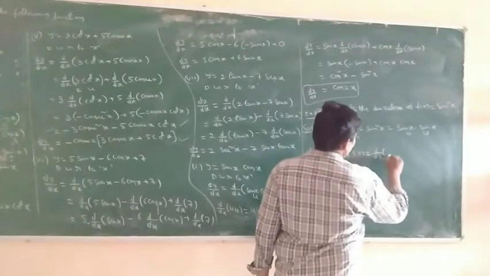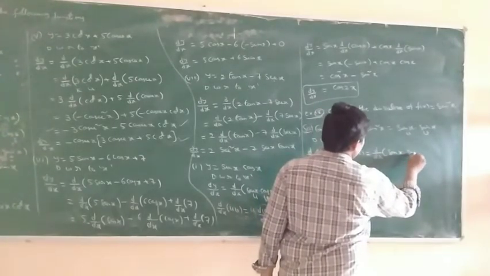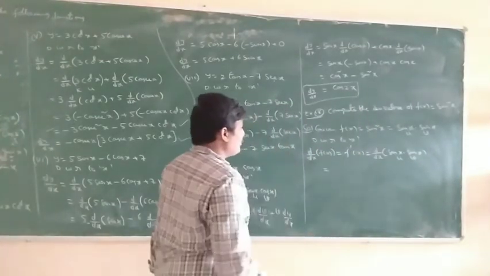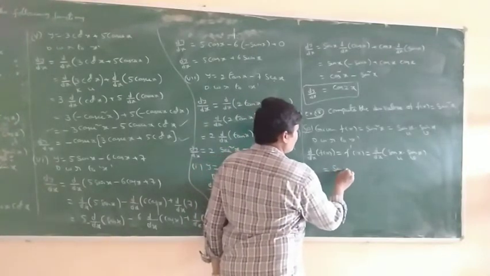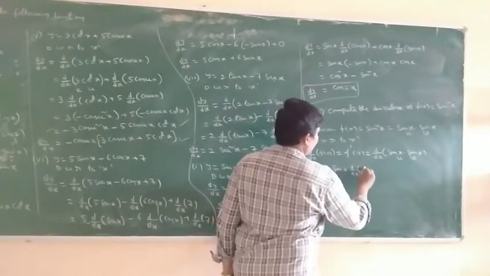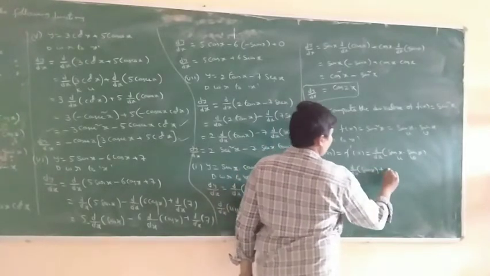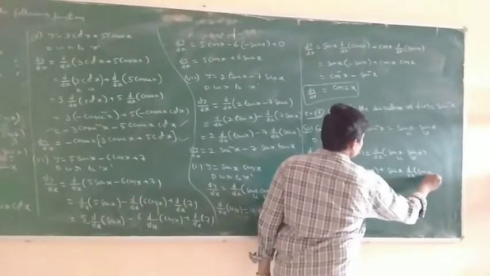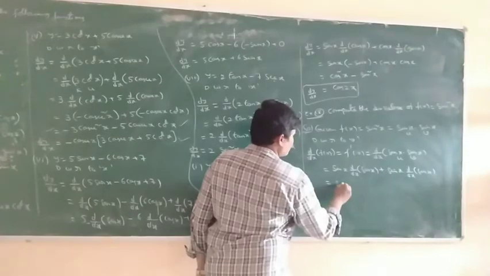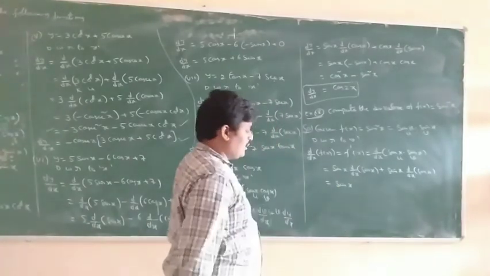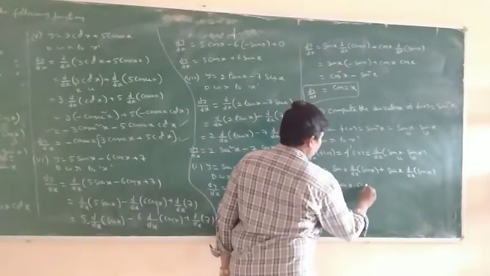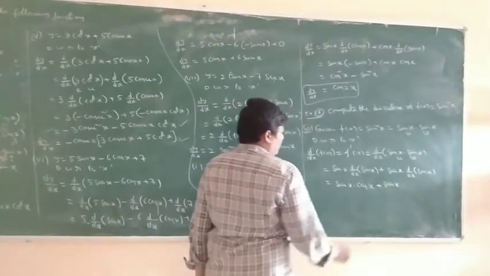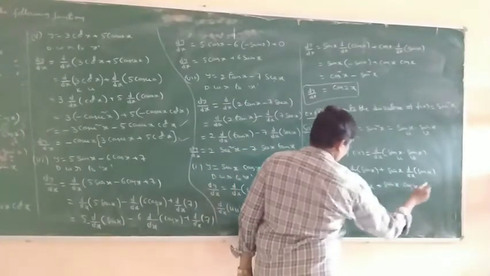So d by dx of sin x into sin x, u into v. What is the formula for the derivative of u into v? U into derivative of v plus v into derivative of u. So that is equal to sin x into derivative of sin x, which is cos x, plus sin x into derivative of sin x, which is cos x.